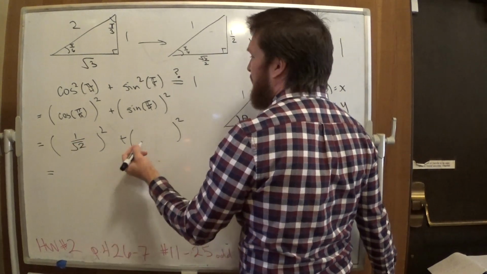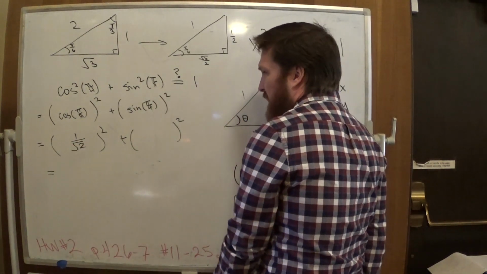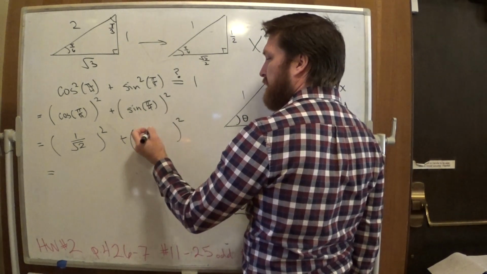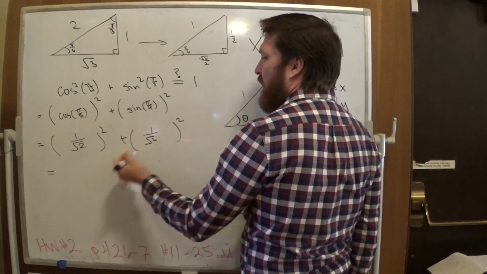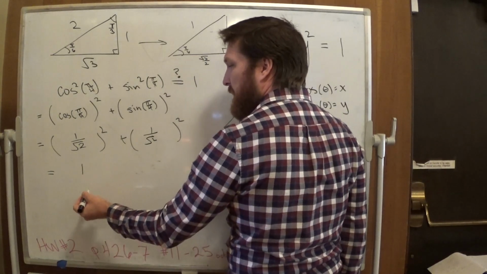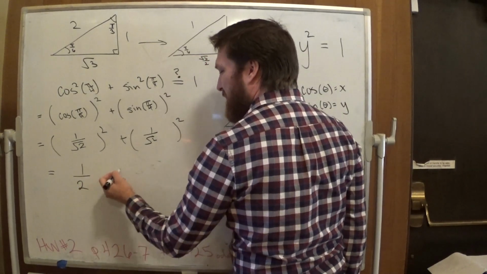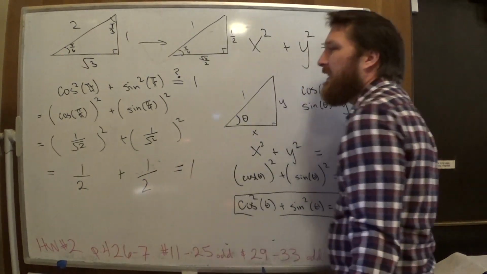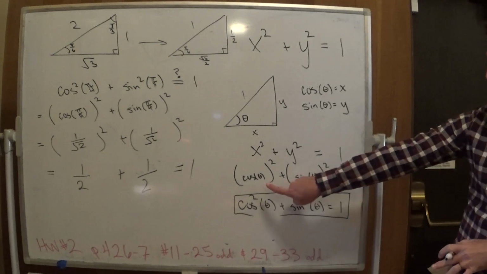This is the first thing we did. And we will be able to finish this example. So what about sine? 1 over root 2. Same thing. And what's 1 over root 2 squared? 1 over 2. Plus 1 over 2, which is 2 over 2, which is indeed 1. You can see we're talking about the same thing.